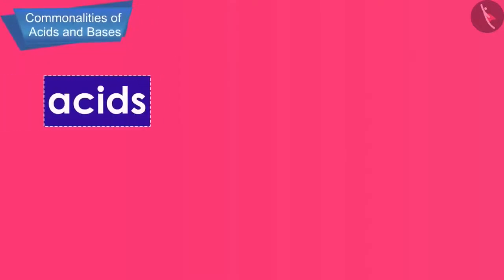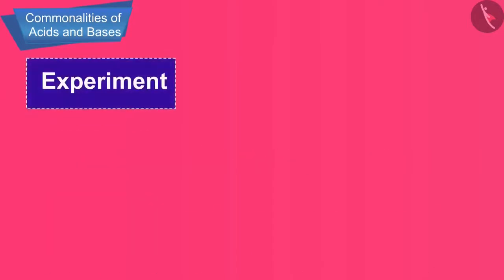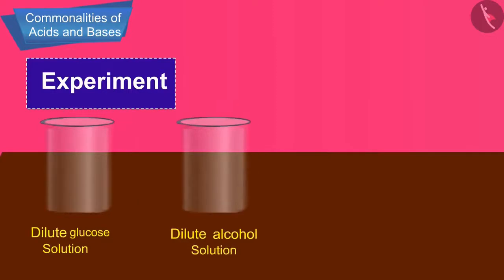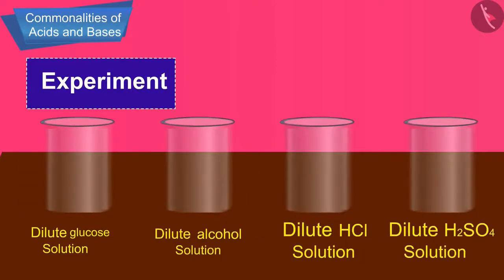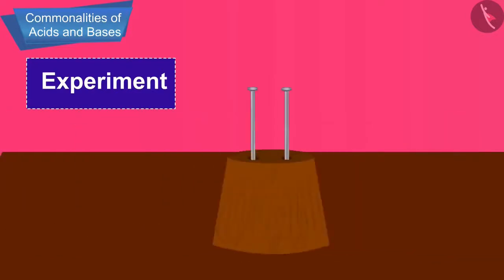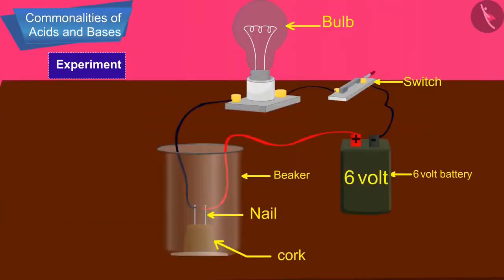Let us now first discuss acids. That is, what do all acids have in common? For this, we will first conduct an activity. Take solutions of glucose, alcohol, hydrochloric acid, sulfuric acid, etc. Fix 2 nails on a cork and place the cork in a 100 ml beaker.